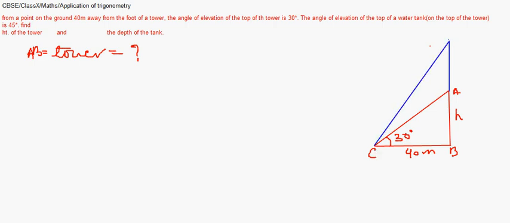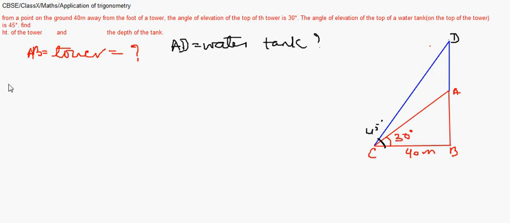That means this whole angle is given to be 45. If I name this D, AD is the water tank, and AD is the depth of the water tank. So we have to find both AD and AB.